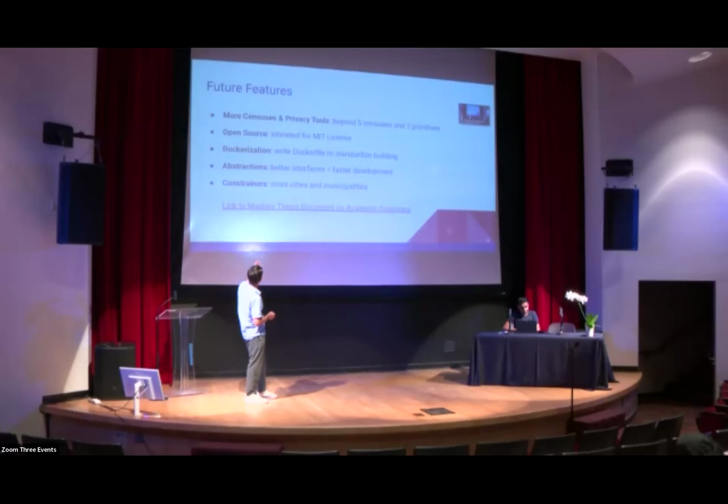Open sourcing, Dockerizing, and making this more of a production-ready code base that other academics could be using in order to evaluate their benchmarks, as well as adding other countries to make this useful to different organizations that study national censuses would be great. Otherwise, in the PDF here, there's a link to the master's thesis if anybody would like to look further into the work.